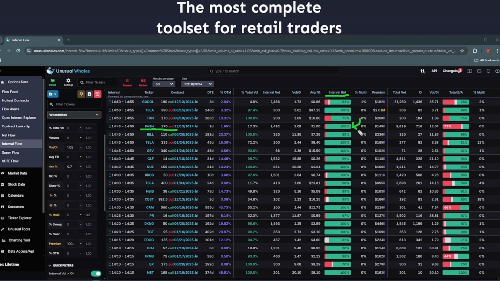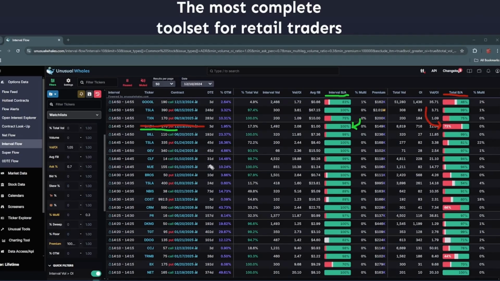However, if we look over to the total day's worth of bid ask transactions, it also shows us that 72% of all transactions on that contract across the entire day happened at the bid rather than at the ask. So due to that, this Dash contract might not be what we're looking for.